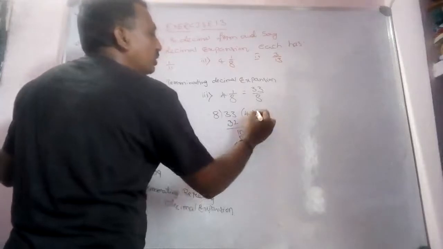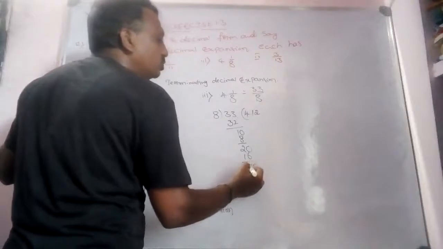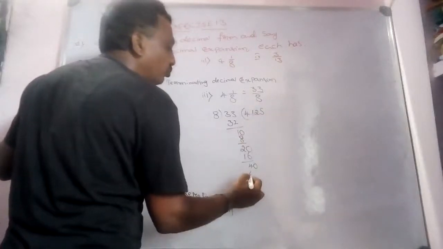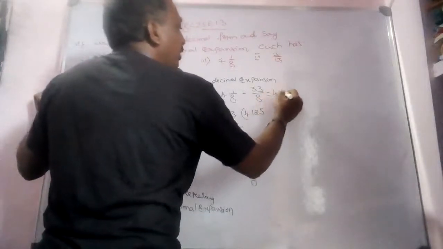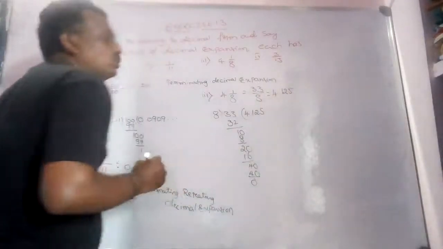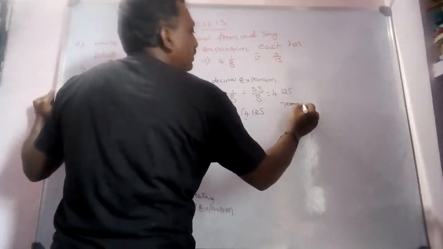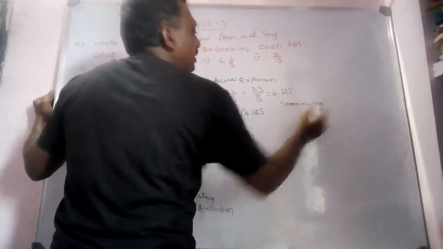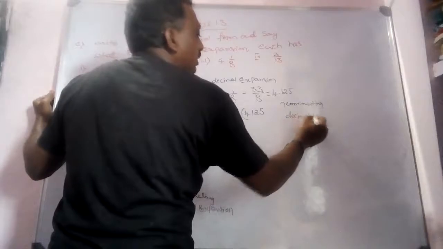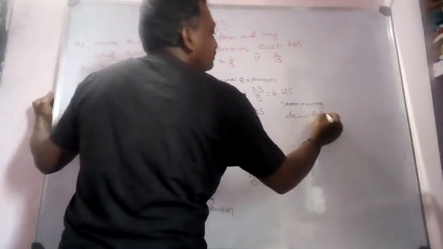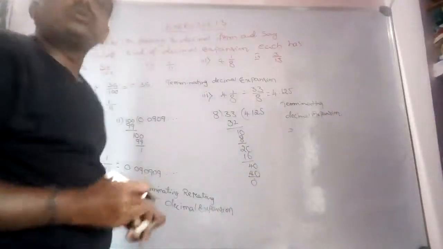Again 0: 8 twos are 16, remainder 4. Then keep 0: 8 fives are 40. So it is 4.125, a terminating decimal expansion. The remaining ones also follow the same method.